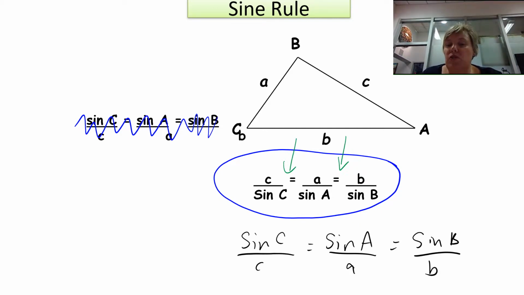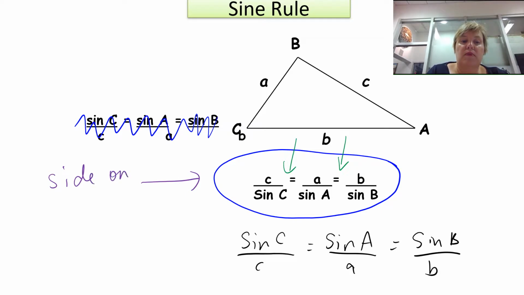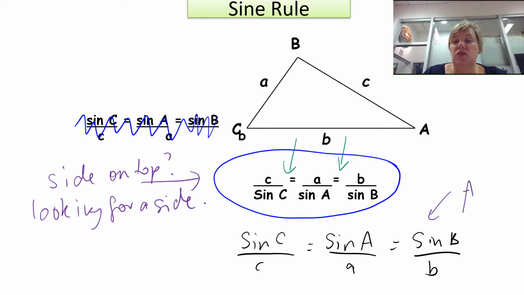Now, if you're wondering which version of these two formulas to use, it's really easy to tell. Can you see on this one that the side is on top? Well, that means if you are looking for a side, use this one. And this one has the angle on top, and so you use it when you're looking for an angle.